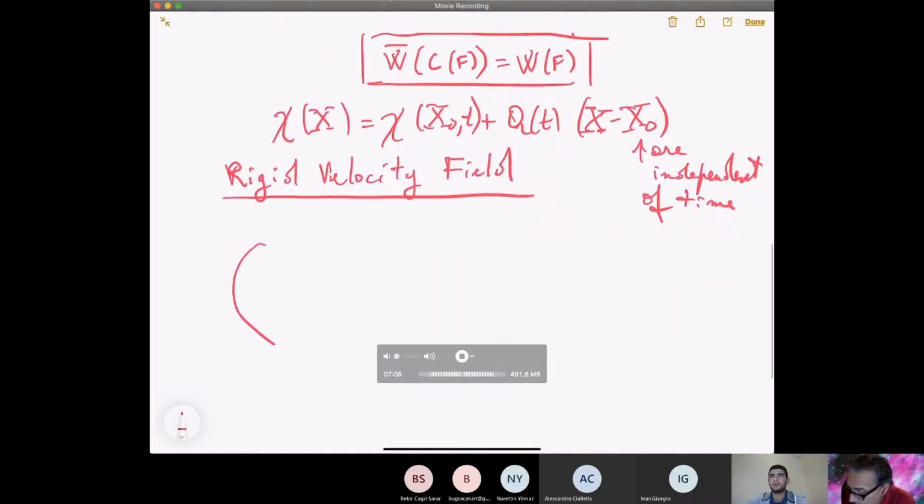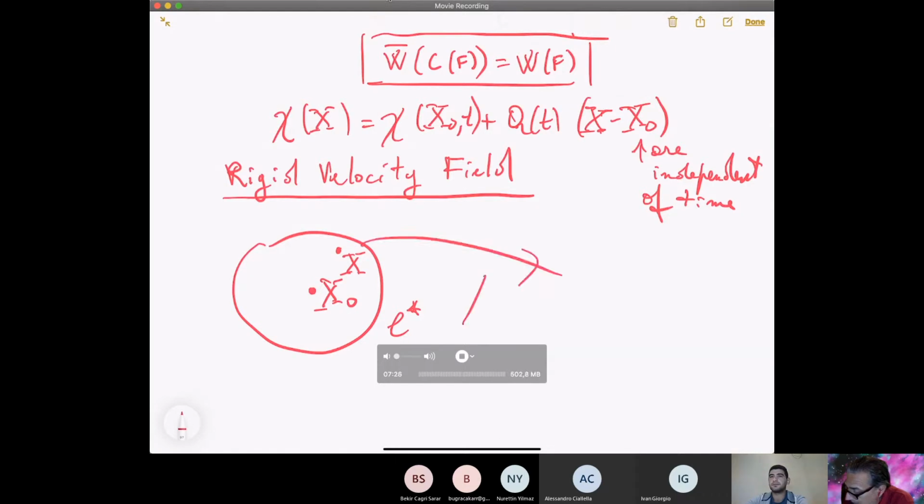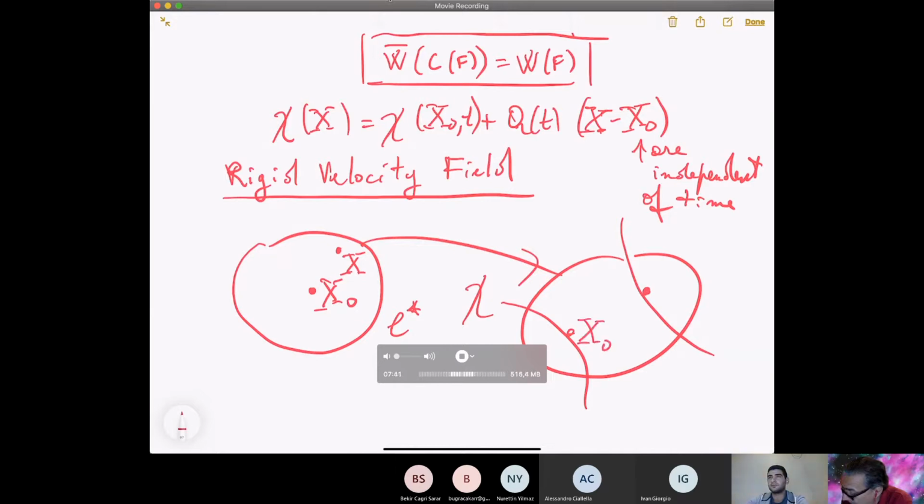Because you have your body in the reference configuration, you have one point X0, then you have one point X, and you fix the material particle X0 and you fix the material particle X. And you follow in time the trajectory occupied by the points X0 and X. Of course, this distance must remain constant. So my drawing is not very good, but okay.